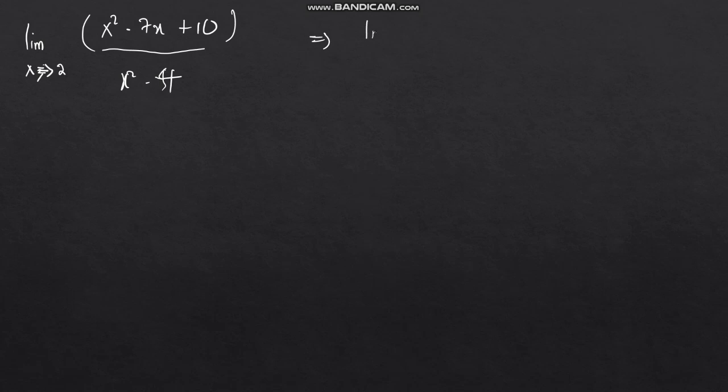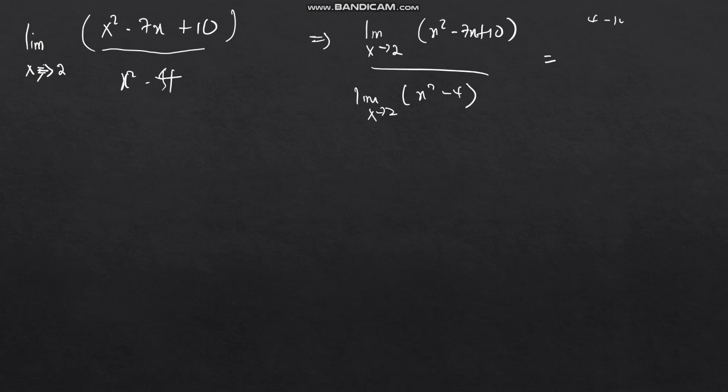So you now find the limit as x approaches 2 of x squared minus 7x plus 10, all over the limit as x approaches 2 of x squared minus 4. This should give 4 minus 14 plus 10, which is 0, over 0.